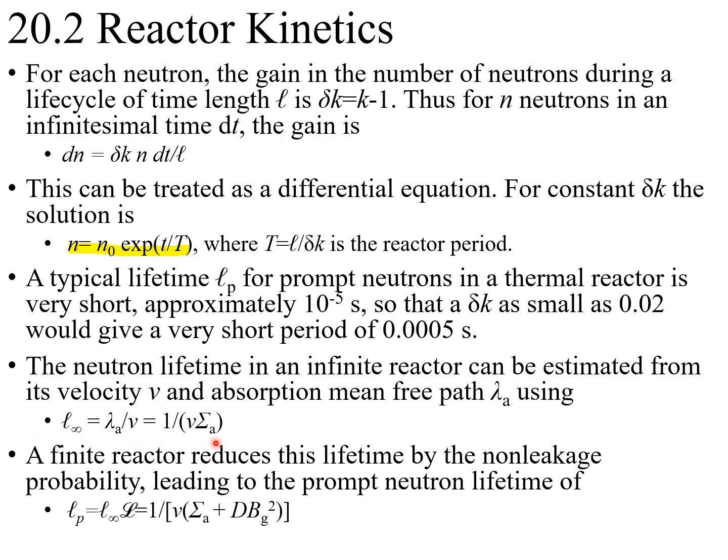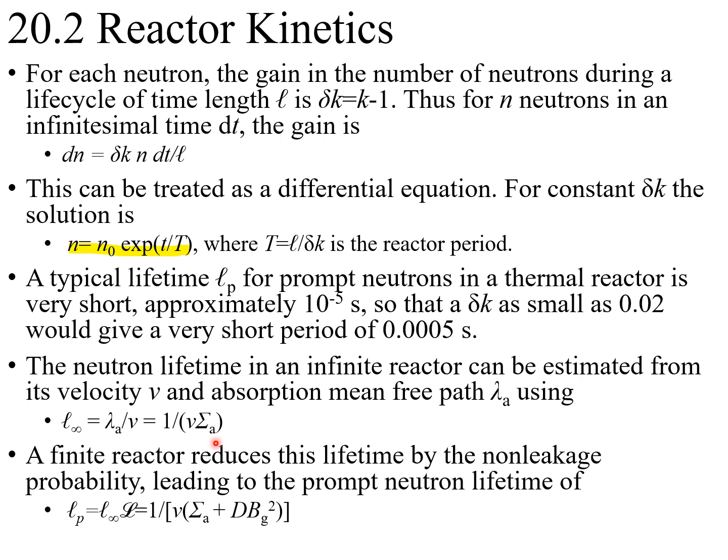Pay attention that here v is the neutron velocity. It is not the nu we encountered before as part of the cross section.